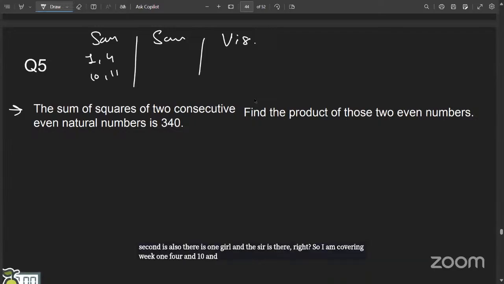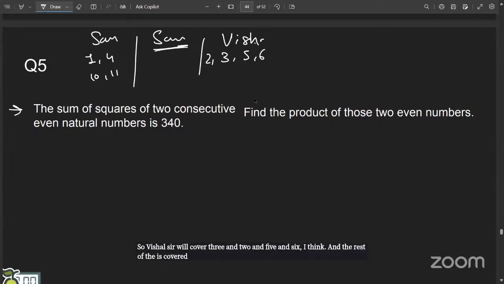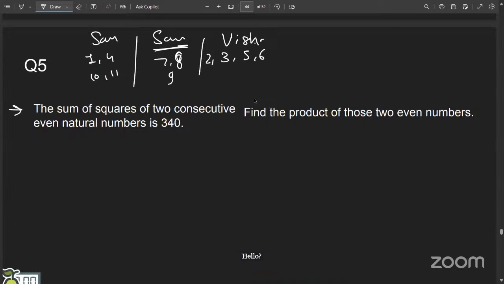Vishal sir will cover 3 and 2 and 5 and 6, I think, and the rest is covered by Samruddha, so 7, 8, 9. This is for the Hindi lectures. The English lectures are divided among the professors.